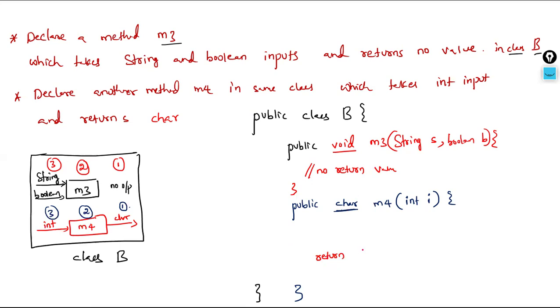If I use something like the alphabet A, or the at the rate symbol, is it a character or not? Then semicolon. Is it a character value or a character variable? Character value. As per the syntax, character values must be enclosed inside single quotes, because it is a char value.